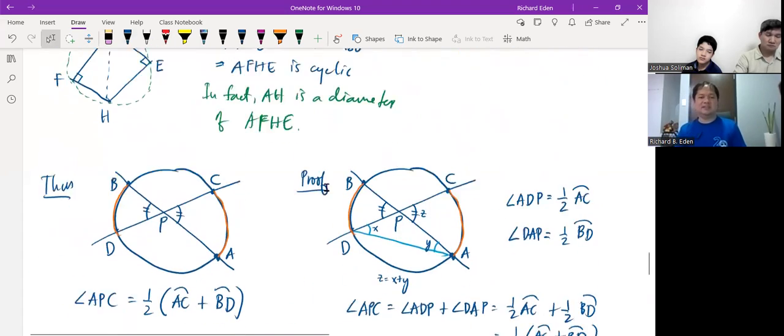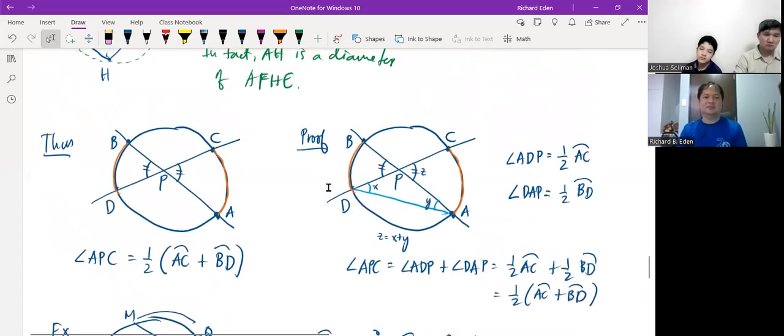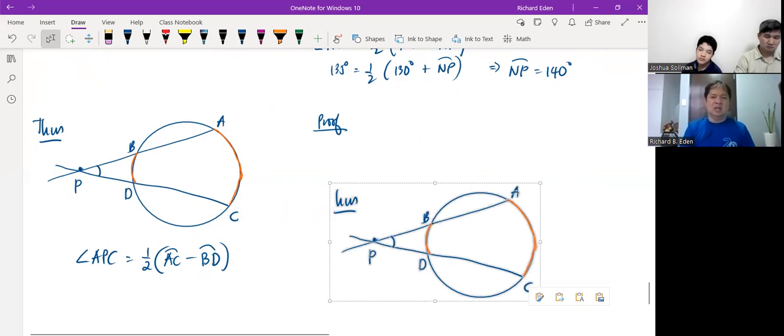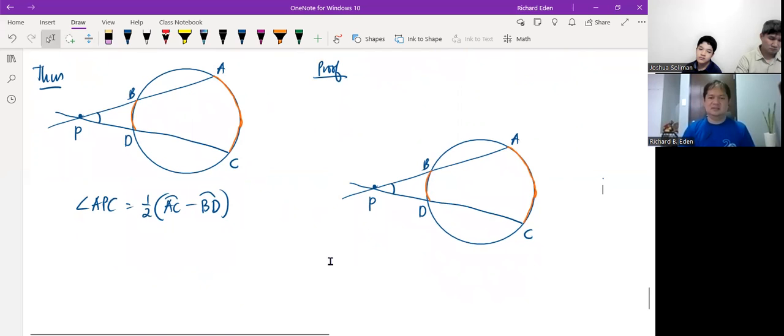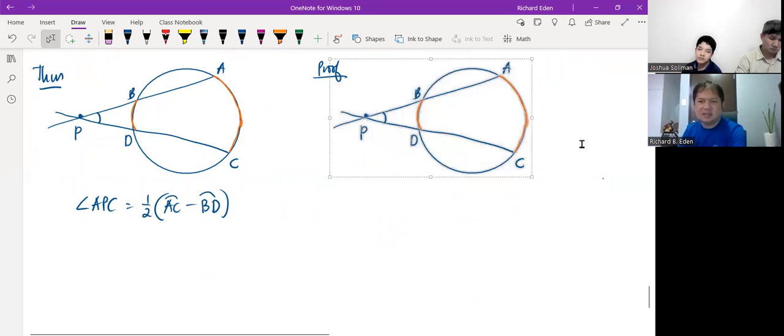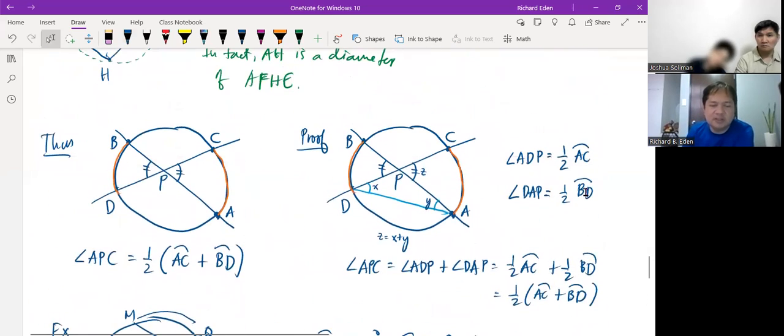And we want to prove this. Proof. What was our strategy earlier in proving?